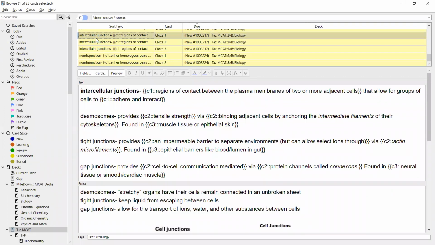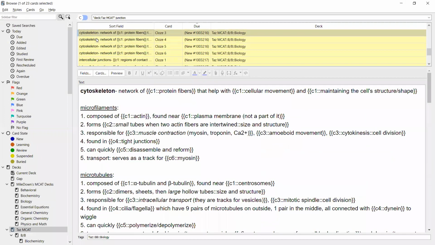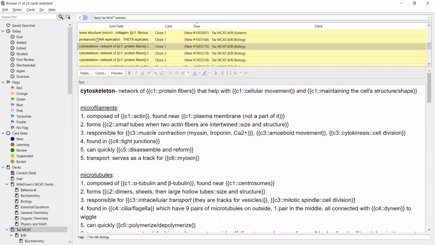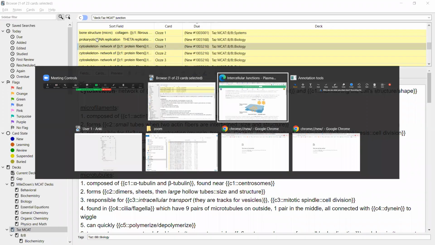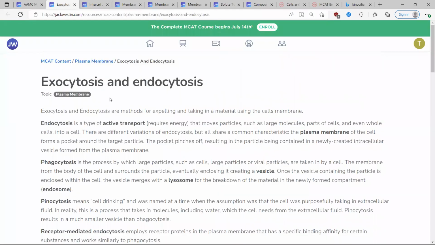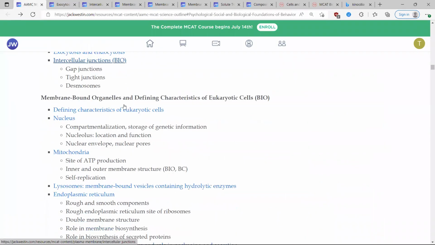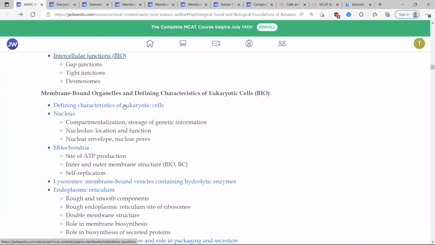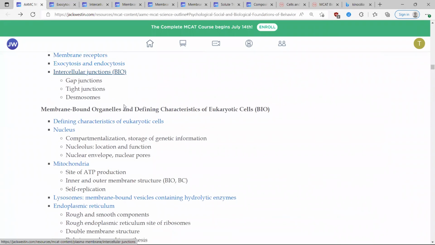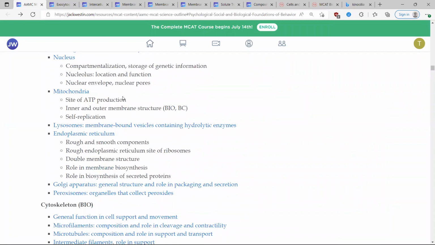Maybe I should talk about cytoskeleton first, though. Actually, yeah, let's do that. I'm going to put this off until after we talk about the cytoskeleton.